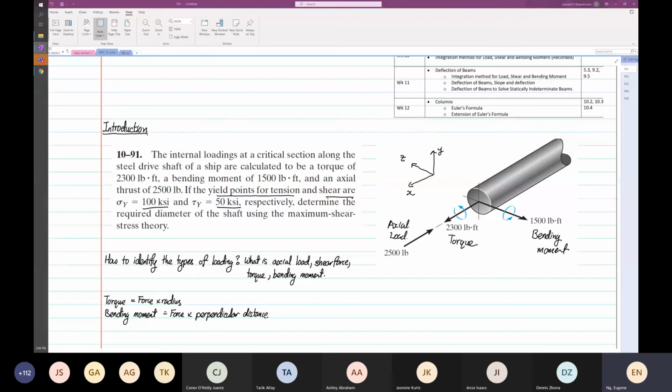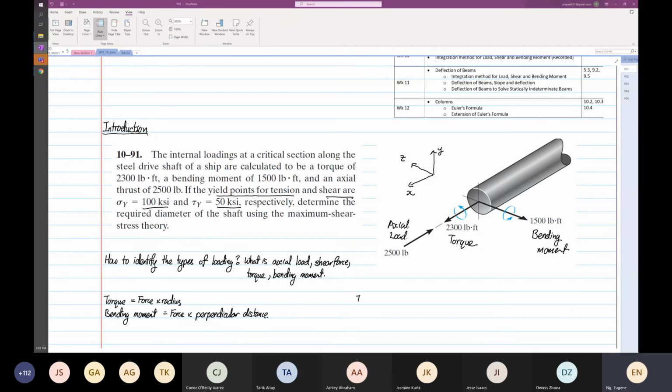If you look at both of them, they are very similar, yes or no? The radius is also the perpendicular distance of the force. So what is a moment, what is a bending moment, and what is a torque? You can identify this very easily.